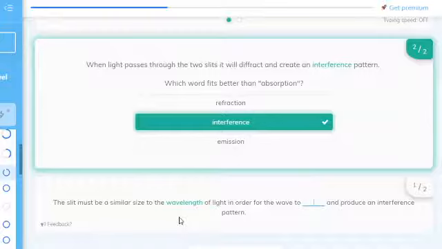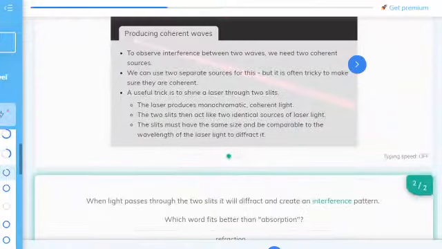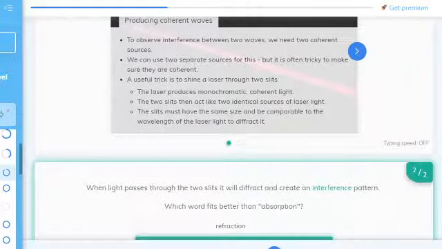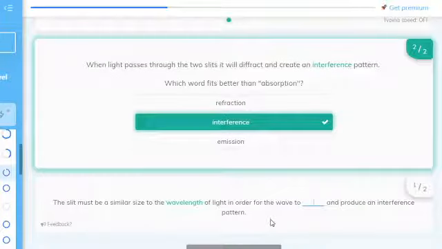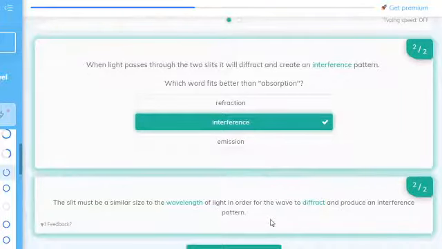The slits must have the same size and be comparable to the wavelength to diffract it.